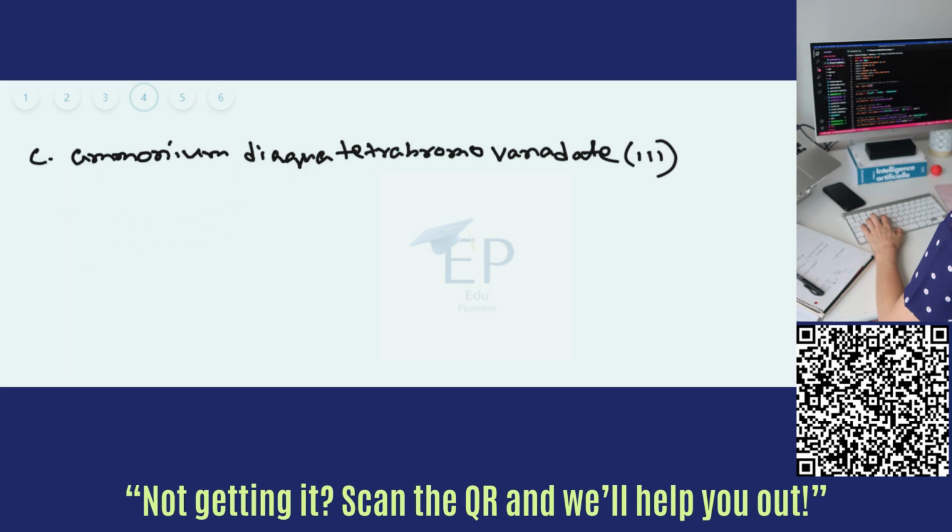Now in this case, we have ammonium and then diaquatetrabromovanadate. So let's find out our cationic and anionic parts here. Our cationic part here is ammonium, and our anionic part starts from here. So how do you know that this ammonium is not included in the complex?